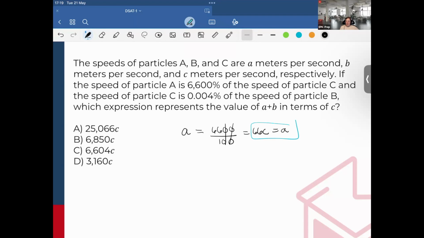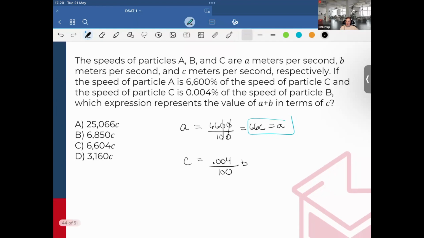And then below, and the speed of particle C, so C is equal to 0.004 over 100 of particle B. Okay, I want to put this again, like I did in the previous one, in terms of C. Actually, wait, because I want this in terms of C, I'm actually going to multiply each side by 100.